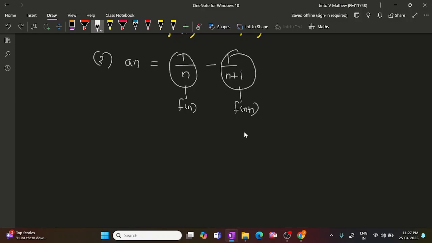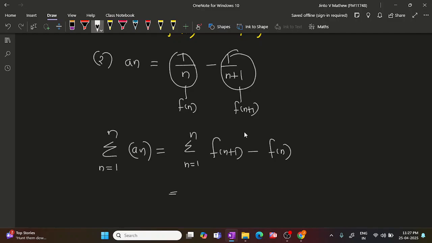Now what will happen if we take the summation from n equal to 1 to n over the nth term of a telescopic series? Sigma n equal to 1 to n of f(n+1) minus f(n).